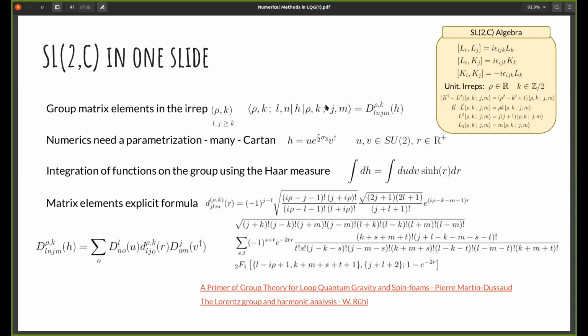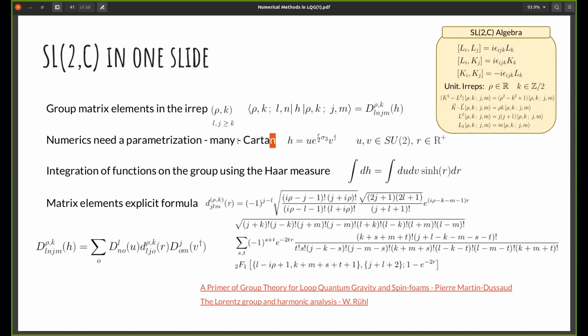So J is a spin, and M goes between -J and J. The only requirement is that this J has to be greater than or equal to k, the spin that labels the representation. So since the group is non-compact, the representation is infinite dimensional, meaning that this J has a lower bound given by k, but there's no upper bound. You can go up to infinity. Okay.